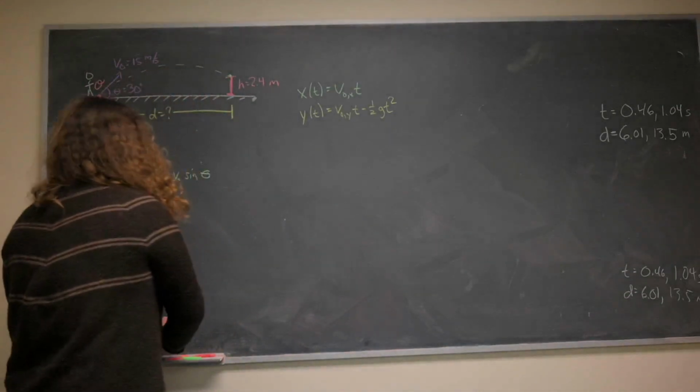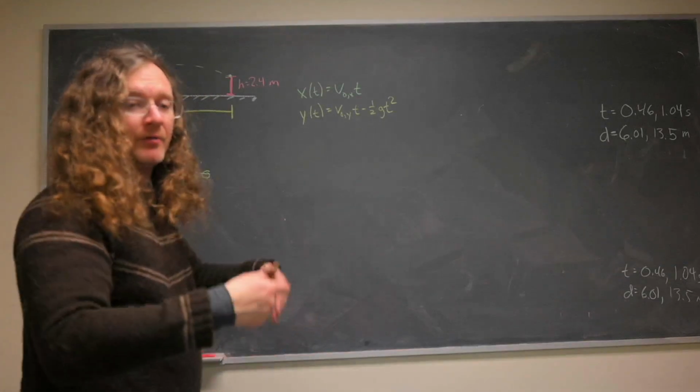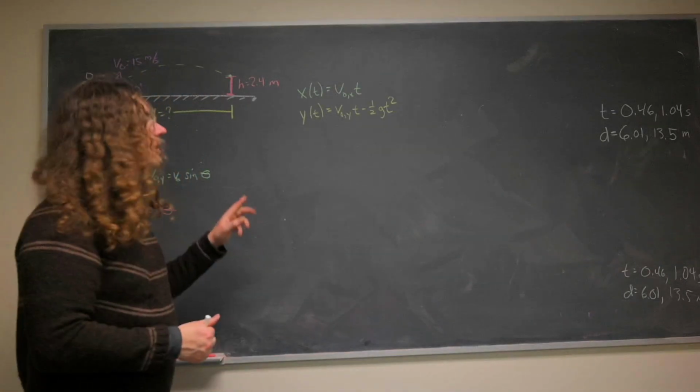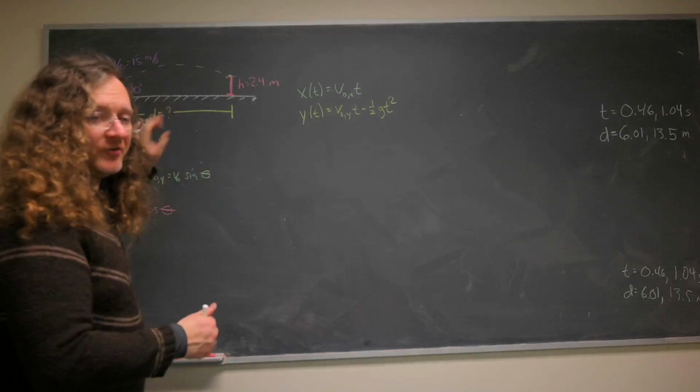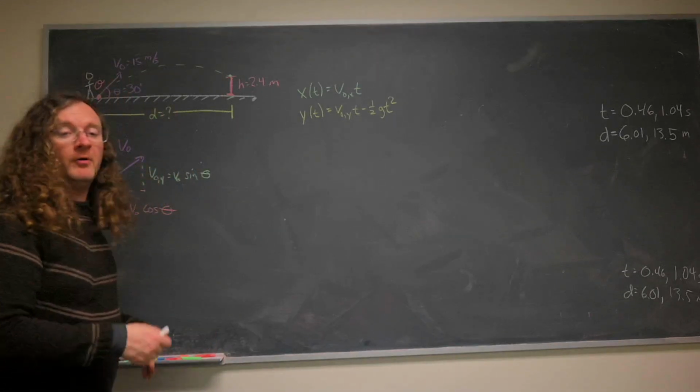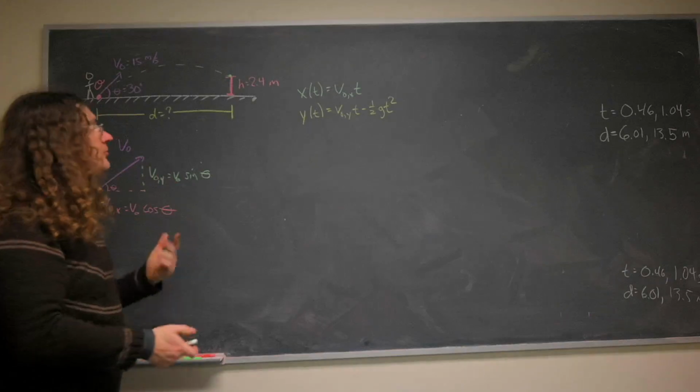As always, the critical part of these questions is asking the right question, to translate a thing about a physical situation, about a person kicking a soccer ball, into a question about x's and y's.